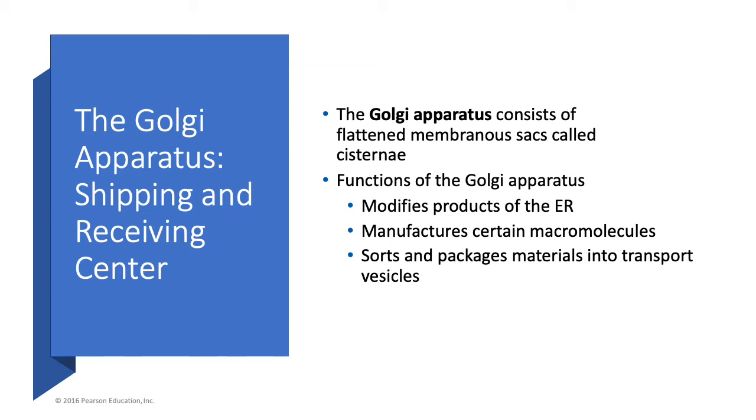I'll show you a picture in a second, but what it does is it might take some of those proteins and things that are made in the ER and it might tweak them a little bit. It might modify them to get them just right. The Golgi can also manufacture some kinds of molecules, but the thing that it's known for is sending things off to where they need to go.